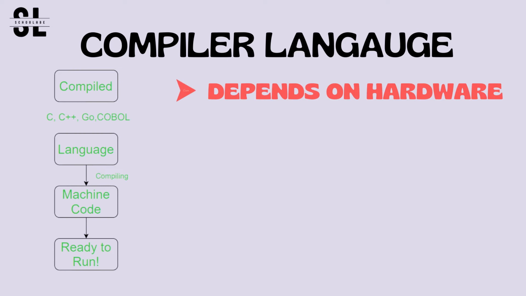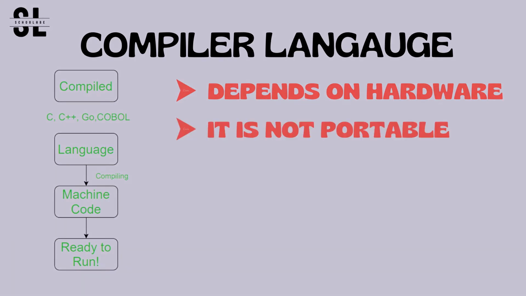Compiled language depends on the hardware and is not portable. Compiled language is strictly tied or dependent on the hardware or the platform on which it is executed, and it is not portable. Now we have understood a bit of features about compiled language and its dependency on the hardware and its portability factor.